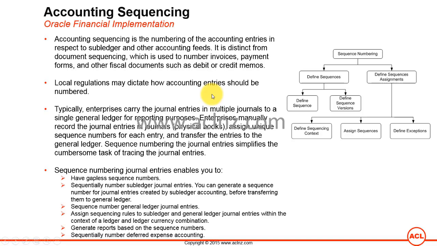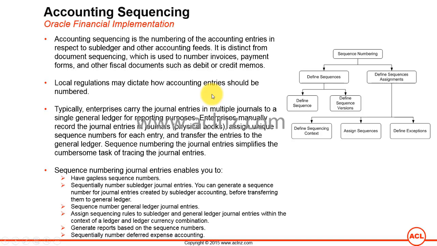Typically, enterprises carry the journal entries in multiple journals to a single journal ledger for reporting purposes. For example, from subledgers such as payables, receivables, fixed assets, cash management, projects, service contracts, and so on, every subledger generates its own journals. So it's a good idea to have an accounting sequencing structured so as to avoid the confusion.